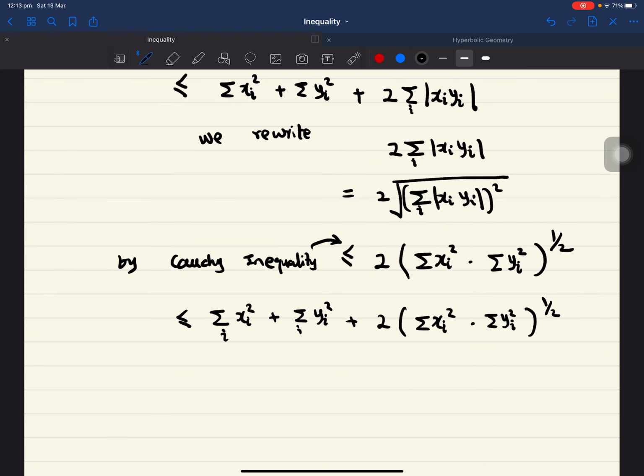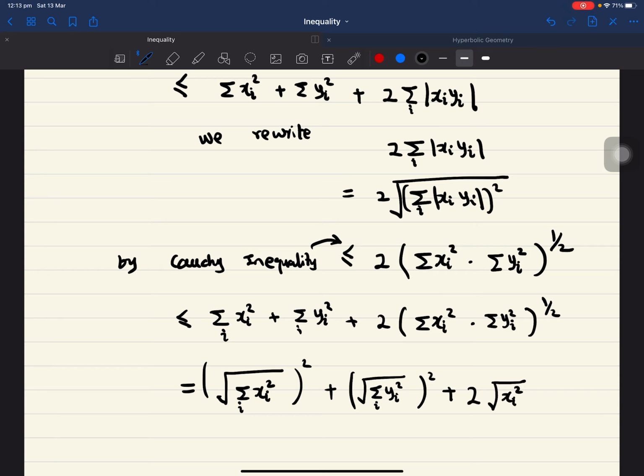And we observe that is equal to the square root of the sum of xi squared, all squared, plus the square root of the sum of yi squared, all squared, plus 2 times the square root of the sum of xi squared times the sum of yi squared.